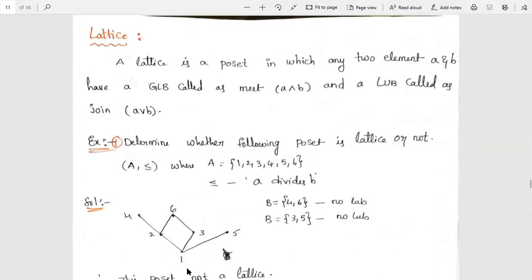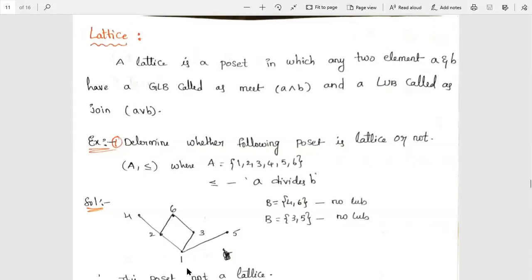So what is a lattice? How do we determine whether a given poset is a lattice or not? To check this, we have some conditions based on what we discussed previously, that is the greatest lower bound and least upper bound.